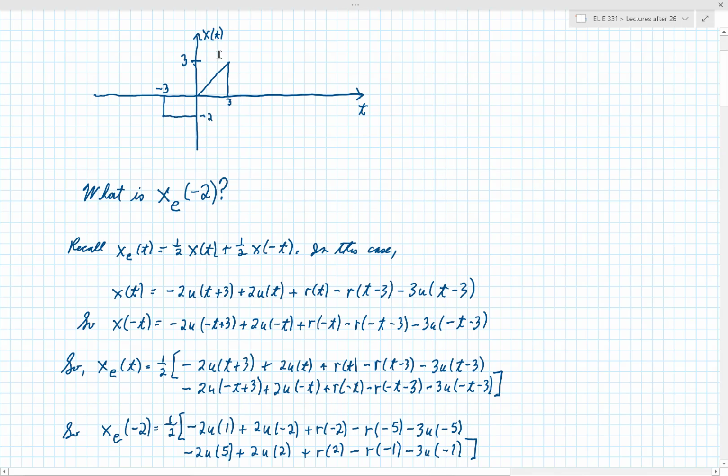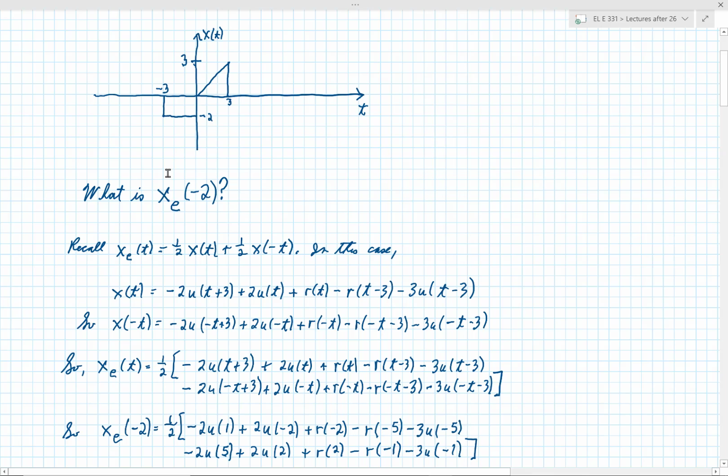Okay, so the first step is to find an expression for x of t. You can see that it goes down here at -3, it goes down 2 units. So that's -2 u of t plus 3. It's u because you see how this is constant. After it goes down, then it's constant.